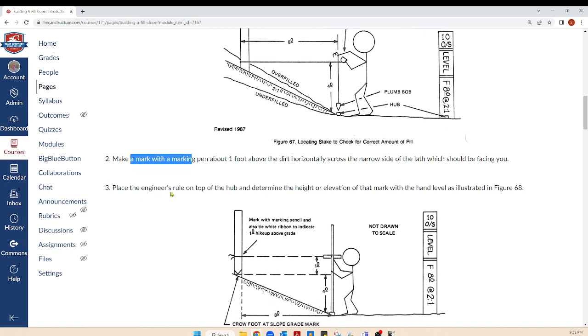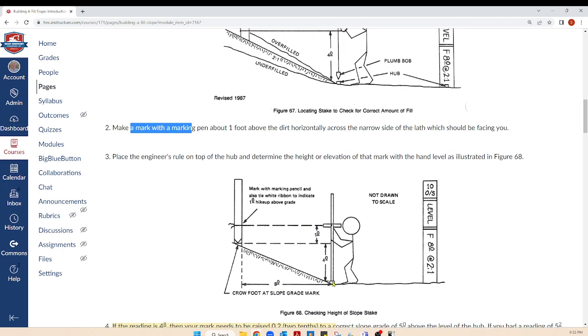Place the engineer's rule on top of the hub. Take a shot at that mark you just put up there and see what your engineer's rule reads.